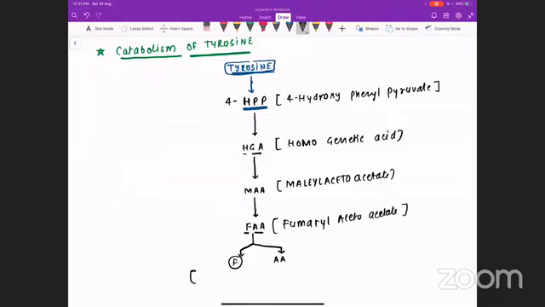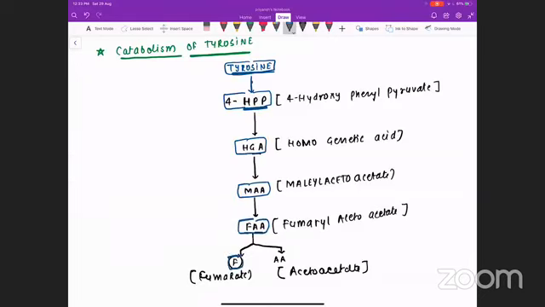F stands for fumarate. A stands for acetoacetate. So till now, what we have remembered is the sequence of intermediates. I hope there is no problem in the sequence of intermediates, and this is what I want you to remember. The full names are not important. This is just for the completion of the notes.